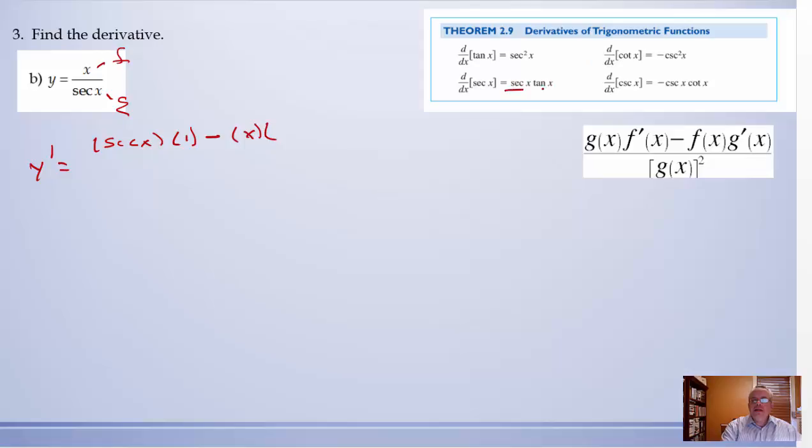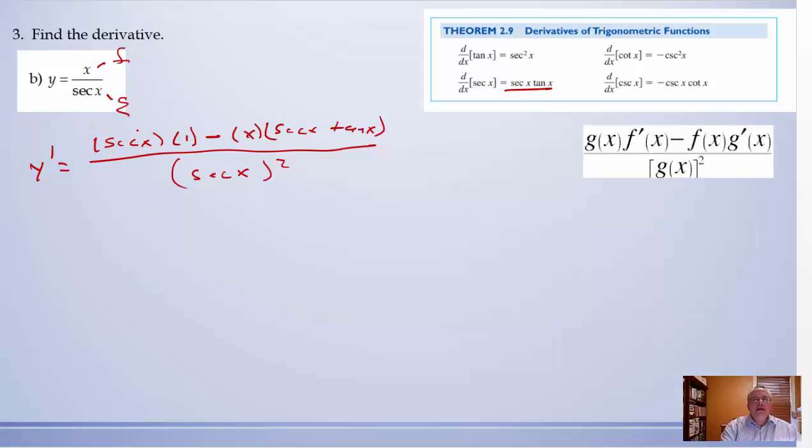Derivative of secant is secant x tangent x, divided by the denominator squared, secant of x squared.